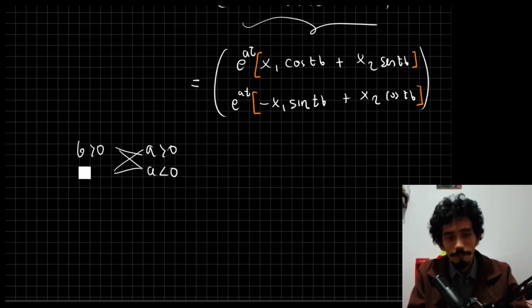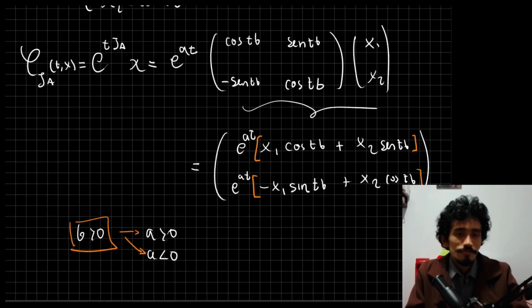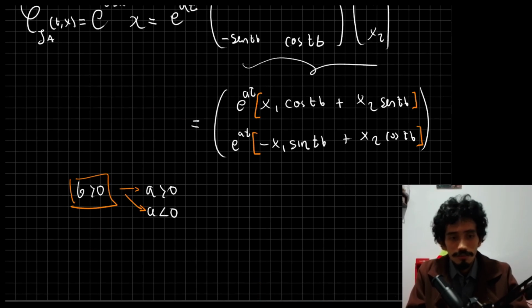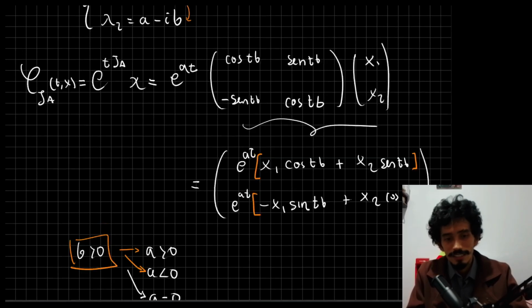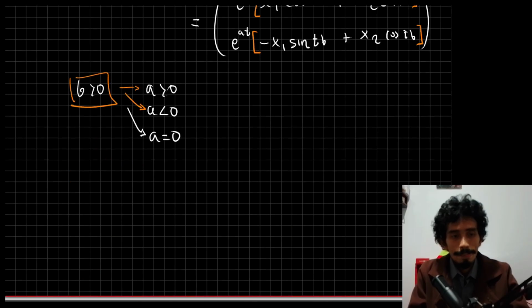So we will be sticking with a positive imaginary part. And then what we really need to study is what happens when a is positive or when a is negative. a could also be 0. So we have three relevant cases. Let's study them one by one.